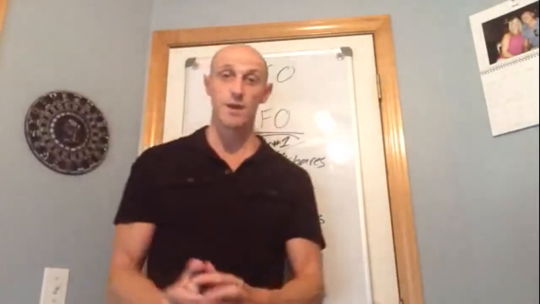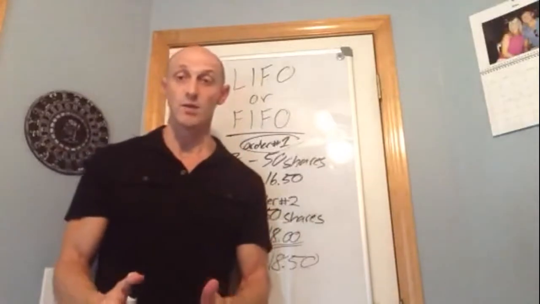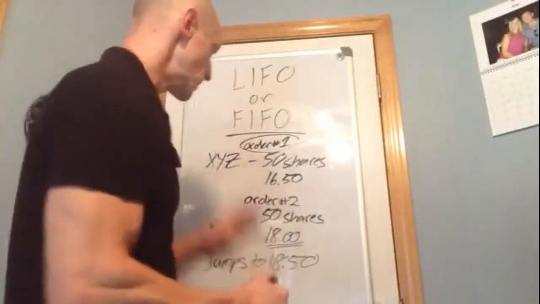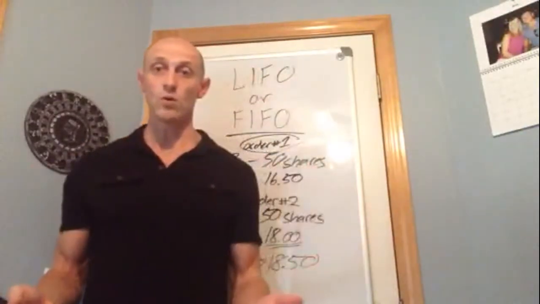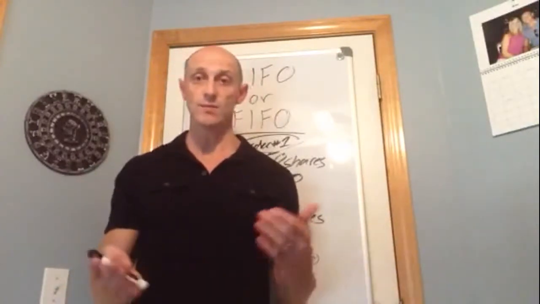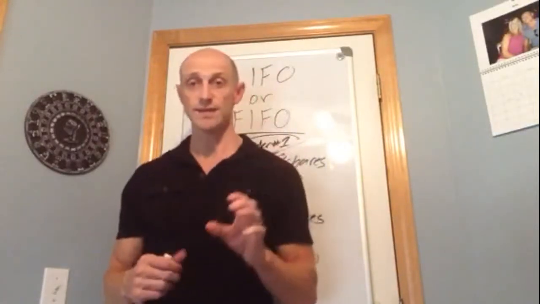That's how that works. Again, you could have sold both orders all at once instead of making separate orders like that. But normally, what I like to do when I'm trading is place multiple orders on a stock, because if you go back and look at some of my other videos, I'll leave a link in the description here, it shows you how I position myself when I buy a stock.